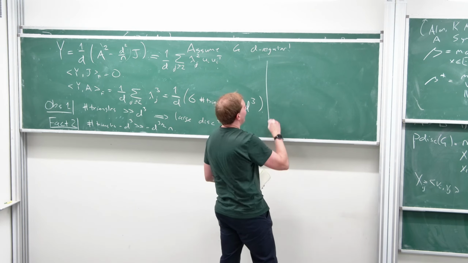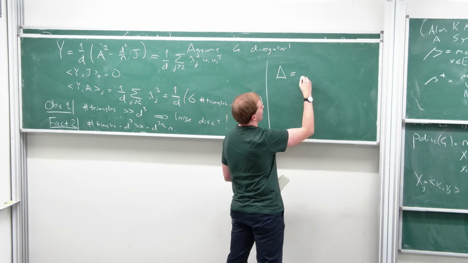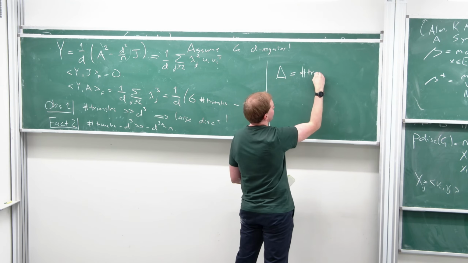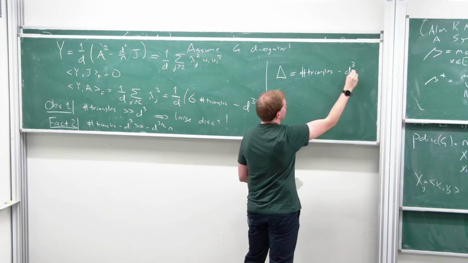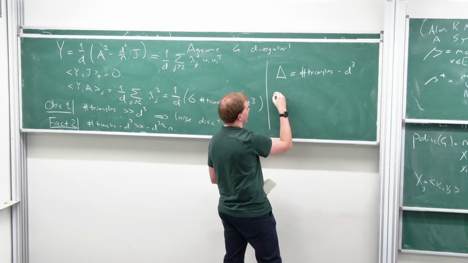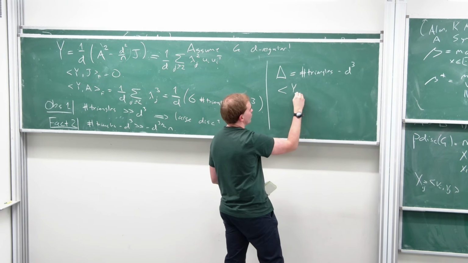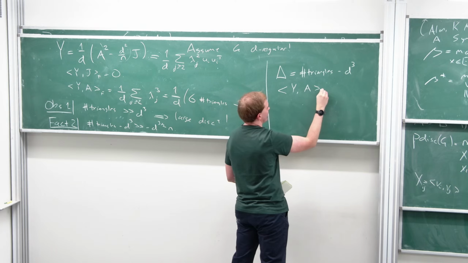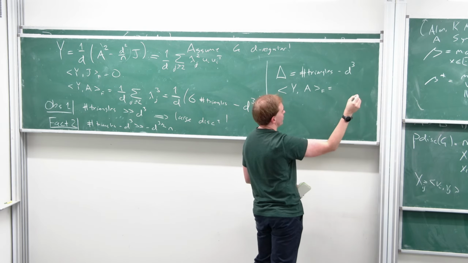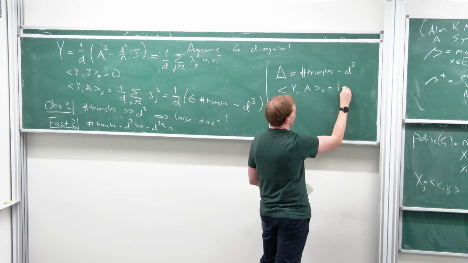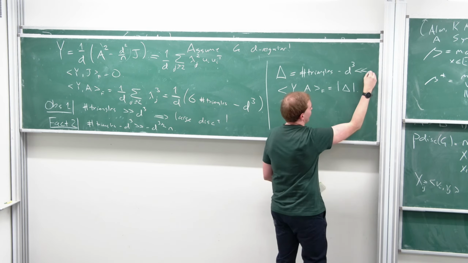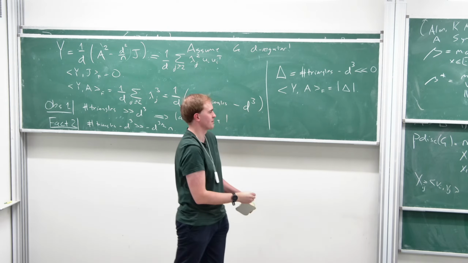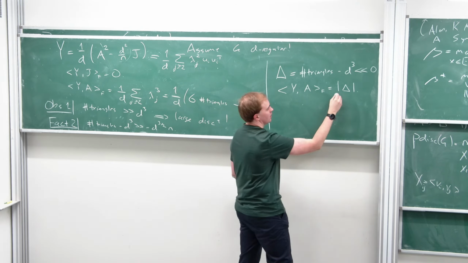So let delta be the number of triangles minus d cubed. Then this is the absolute value of delta, and assume that this is much less than 0.